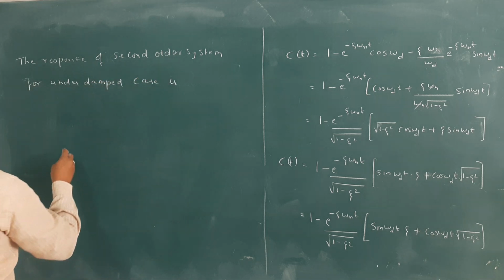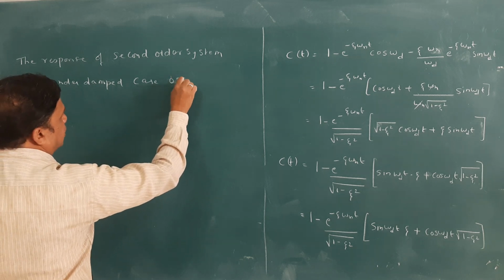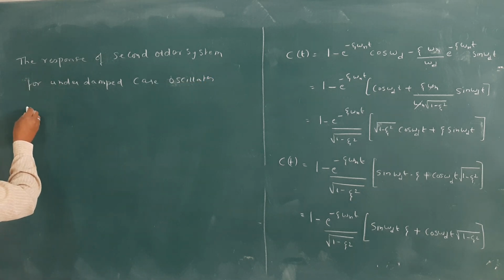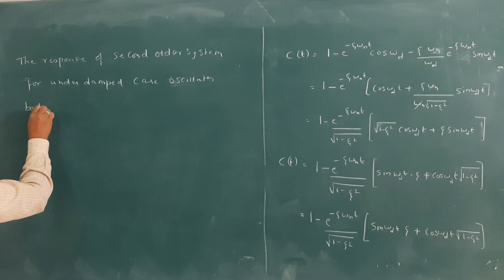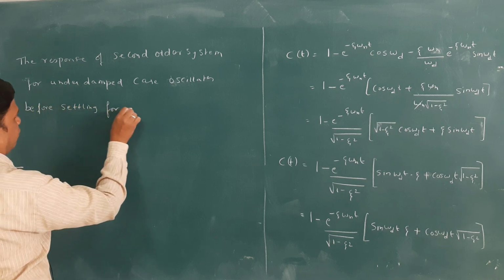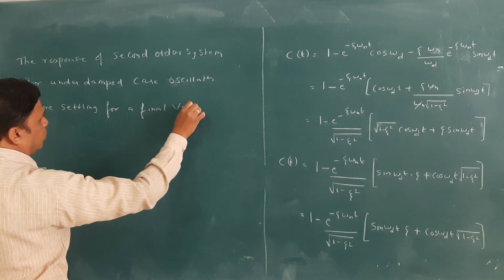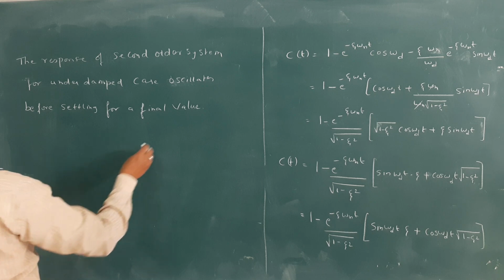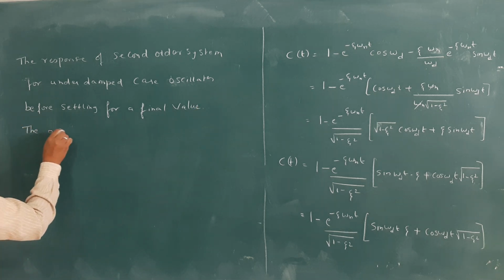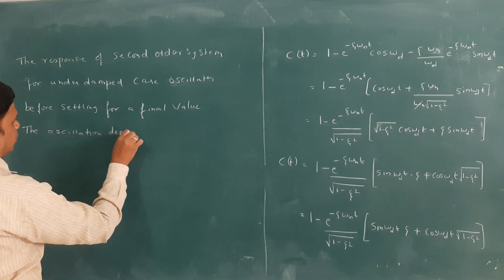The response of the second order system for the underdamped case oscillates and then oscillates before settling to a final value. So it first oscillates and then settles to a final value. This oscillation depends upon the damping ratio.